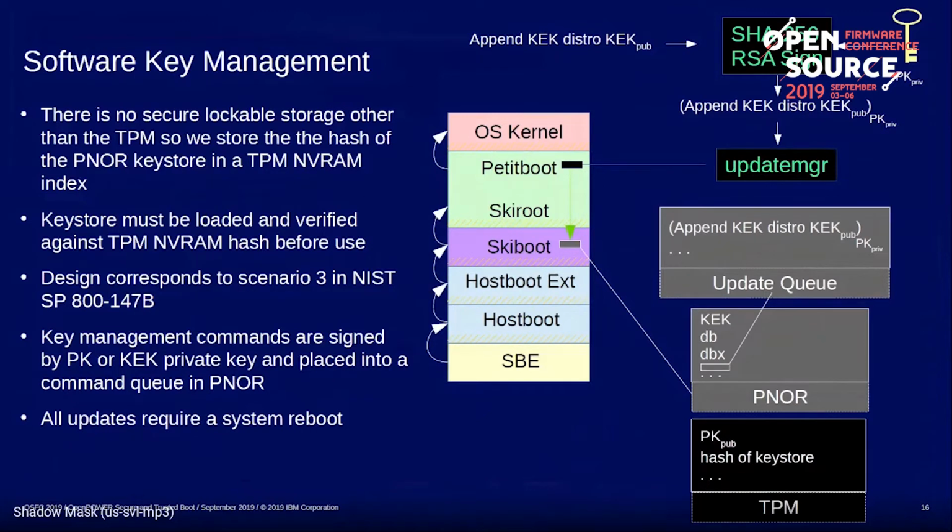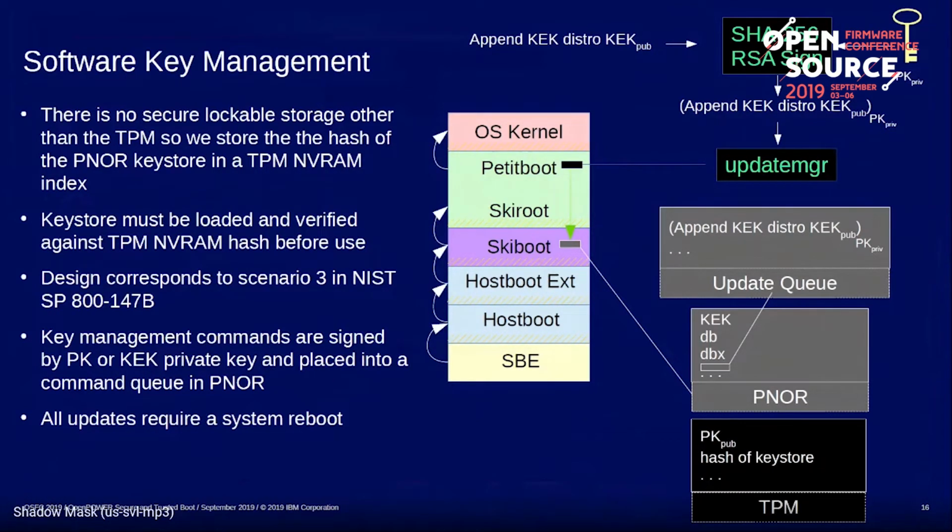So we can do all of our processing and then prevent operating systems and bootloaders from touching it. And this corresponds to scenario 3 in the NIST server BIOS protection guidelines. So we can actually meet that specification with this design as the standard currently stands.